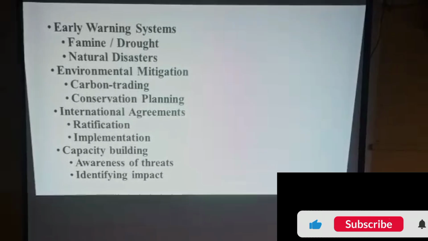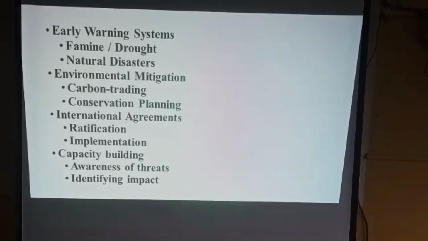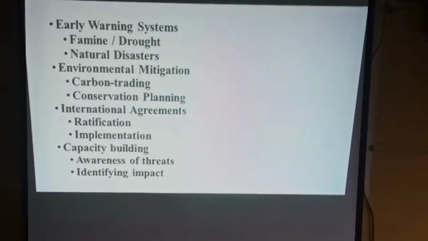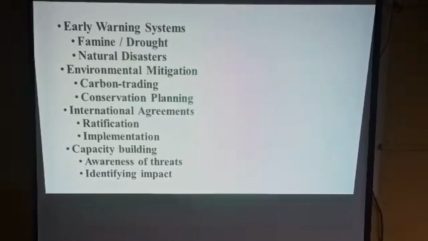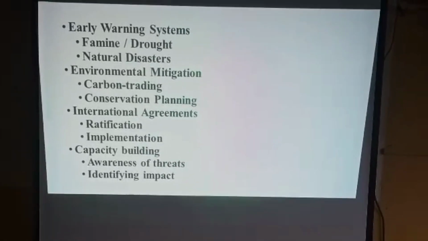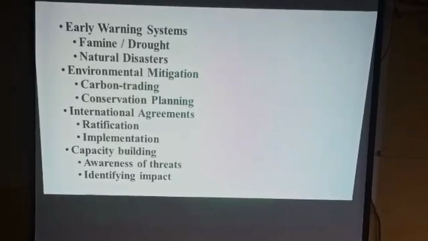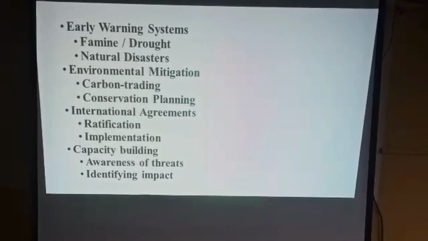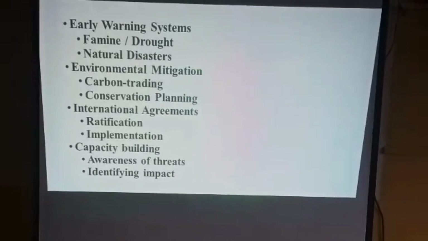Another is environmental monitoring, carbon trading, and conservation planning. These are under environmental mitigation. Then the international agreement, where there is ratification and implementation. Another one is capacity building, which consists of awareness of threats and identifying the impact.